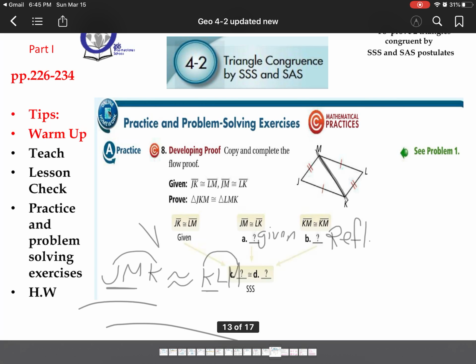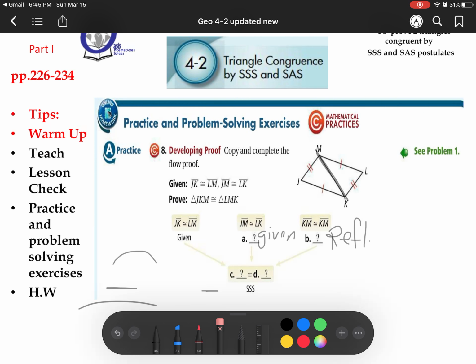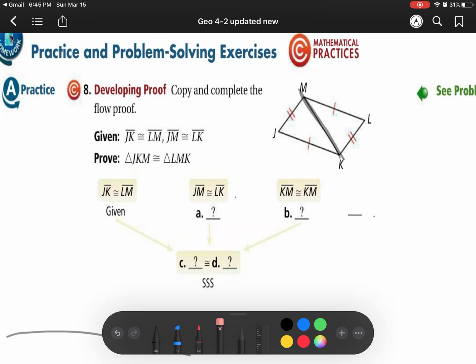Now, we'll solve a question. I'll solve it with you. Question 8 to finish this lesson. Here we have those two triangles which are JKM and LMK. Okay, now he's asking me to prove them.